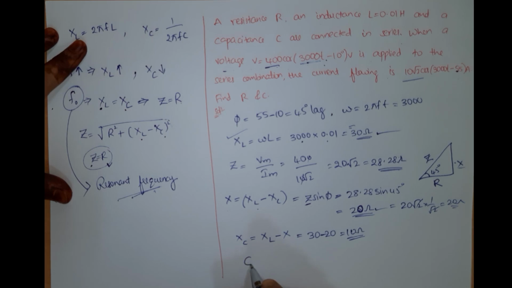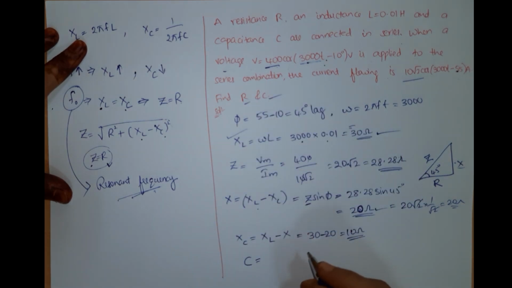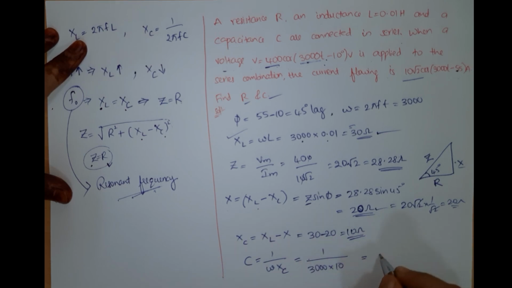Now, to find the value of C, which we know as 1 by omega XC, we get 1 by 3000 into 10. If you calculate it, you will get 33.33 microfarad.